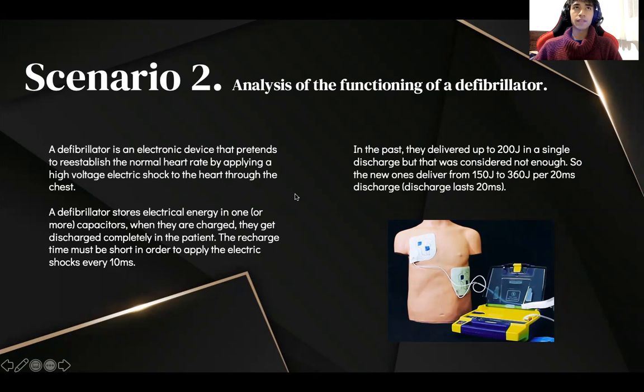In the past there were some models of this device, but now we use modern ones that deliver from 150 joules to 360 joules for 20 milliseconds.